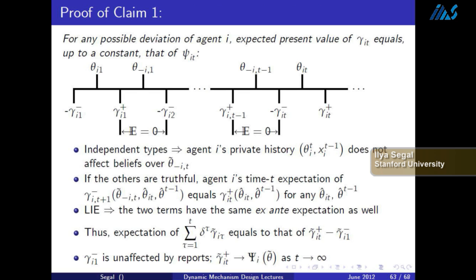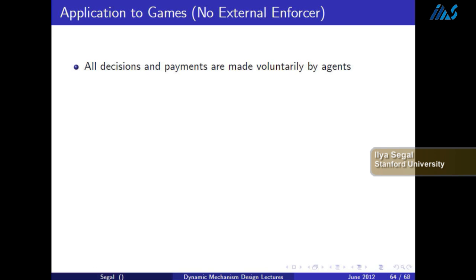Okay, so that's sort of the argument for the proof. Now I'll talk about the application to games. Here you have an efficient budget balanced mechanism, but we also use it to show a kind of folk theorem, so that even if you don't have any enforcer, you can sustain this as an equilibrium of the game.